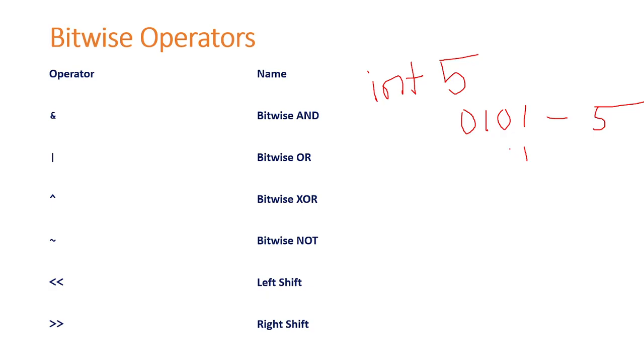This is 1, this is 2, this is 4, and this is 8. And 4 plus 1 is what? 5. What about 3? 3 means 1 1 0 0. Like the AND operator will say that. Let me open the 3D.